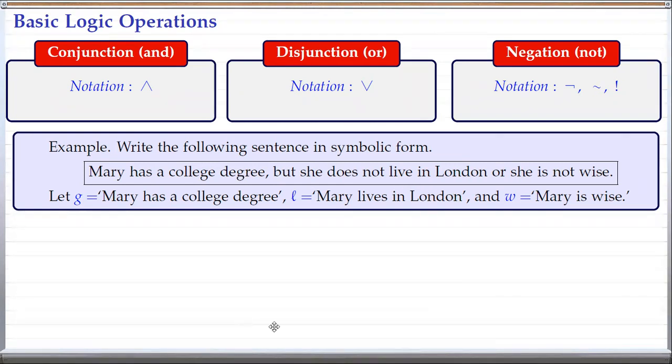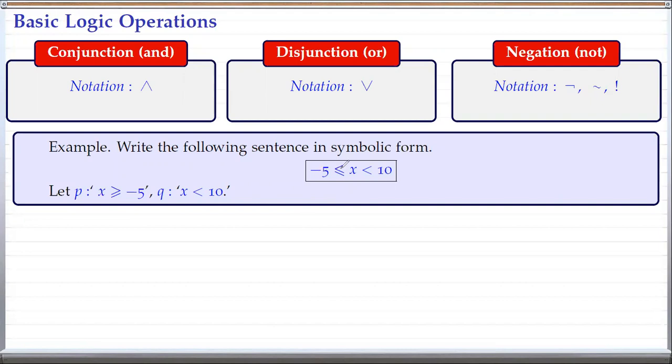Okay, next example. We are given -5 is less than or equal to x is less than 10. P is the statement that x is greater than or equal to -5, and Q is the statement x is less than 10. We basically want to write this in terms of P and Q. First, we can try to break this into two statements.